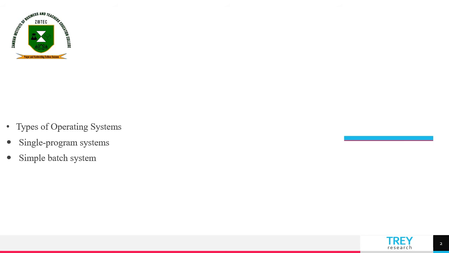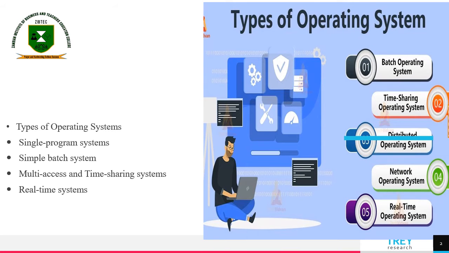The third one is multi-access and time sharing systems, and real-time systems. These are just a few of the operating systems that we have, but there are a lot. So these are the necessary ones.